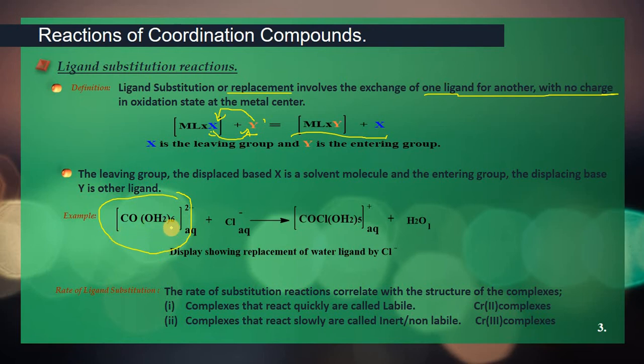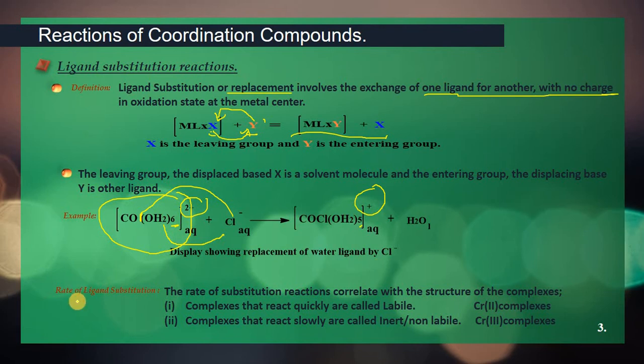If we notice this [Co(H2O)6], the final product has five waters, because the chlorine tends to enter this position here. So a single water comes out of the reaction, and we should note the charges: this is 2 plus and this is plus. So the display above shows the replacement of water ligands by Cl minus.